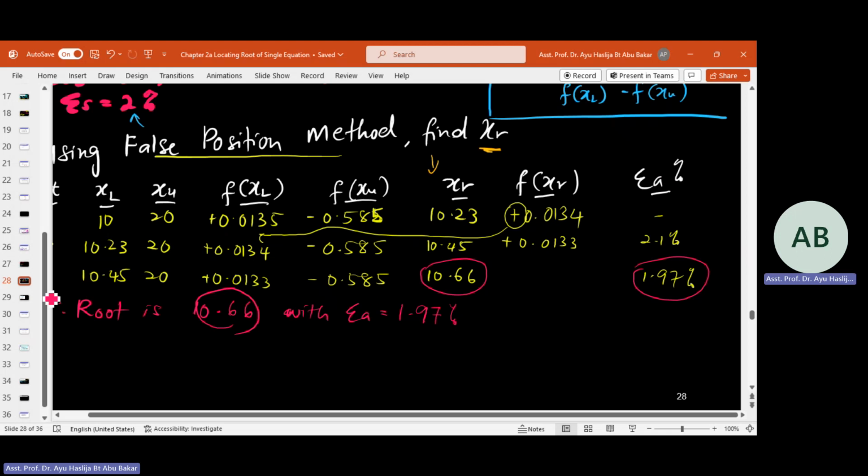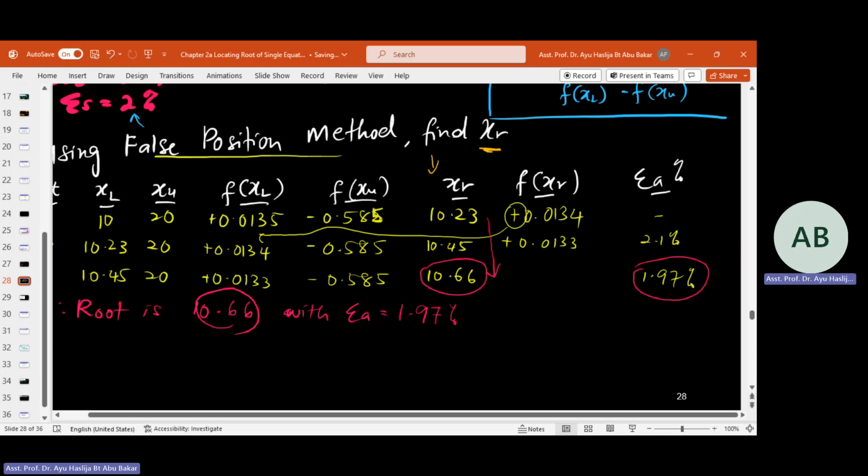So it increased by just a small number, as you can see over here. Even though the EA is also lesser than 2%, it is not approaching the actual XR yet when it passes through the axis, which we proved from the graphical method last time.